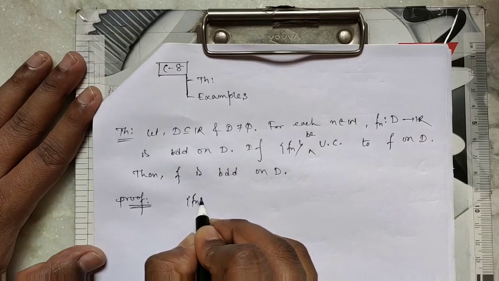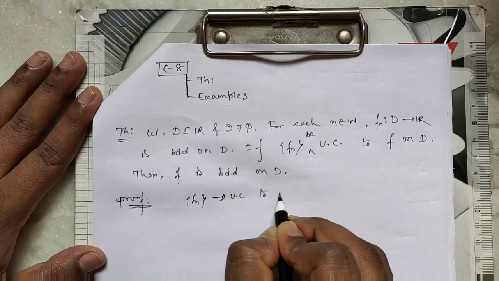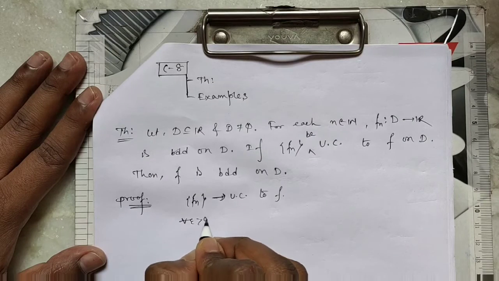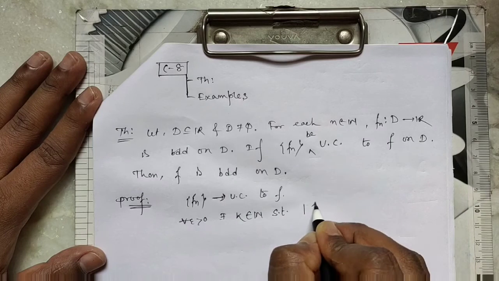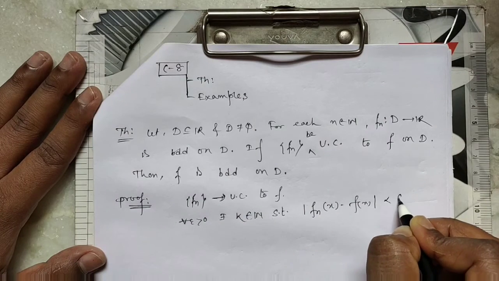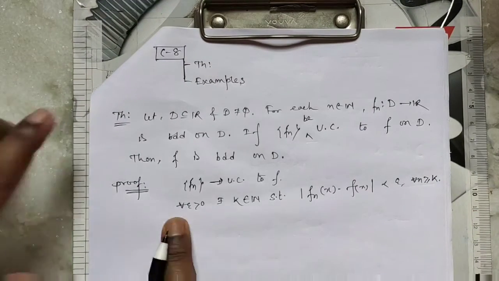Given that the sequence of functions uniformly converges to f, by definition for each epsilon greater than 0 there exists a natural number k such that mod of fn(x) minus f(x) is less than epsilon for all n greater than or equal to k. This is true for every epsilon.